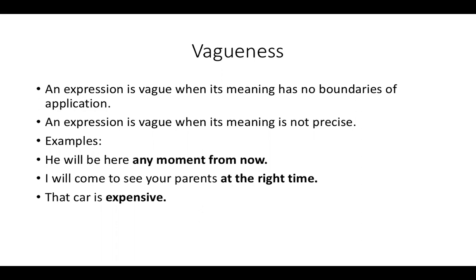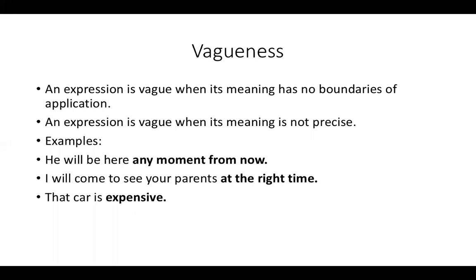Any moment from now is not precise. So it has no boundary of application, because any moment from now is anything from right now till Jesus Christ comes again. You know, I'll come to see your parents at the right time. At the right time is not precise. So it has no boundary for application.